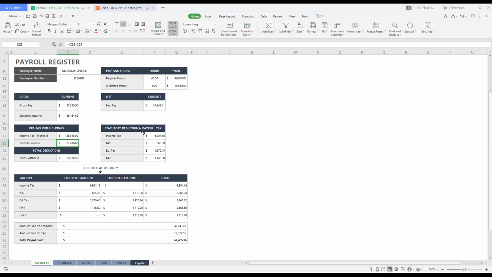The figure is on my screen: $464.62. That is the figure you should have for your statutory income.